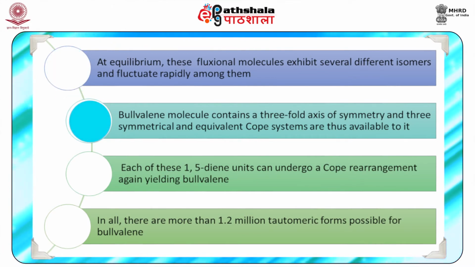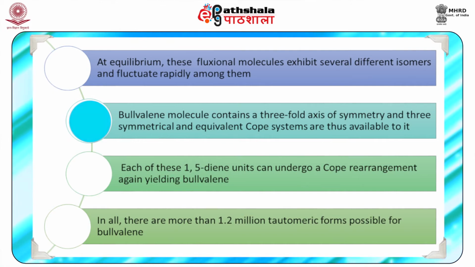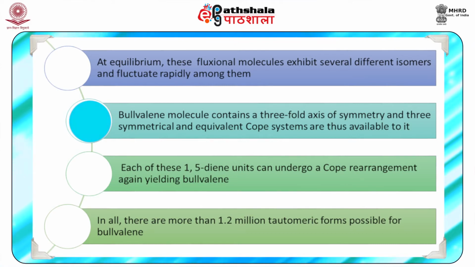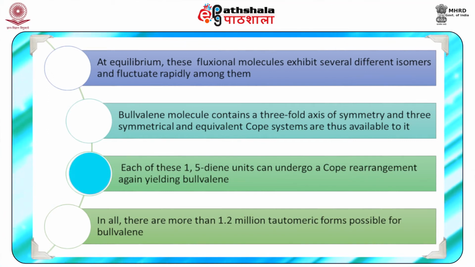Bullvalene molecule contains a threefold axis of symmetry and three symmetrical and equivalent Cope systems are thus available to it. Each of these 1,5-diene units can undergo a Cope rearrangement again, yielding bullvalene.